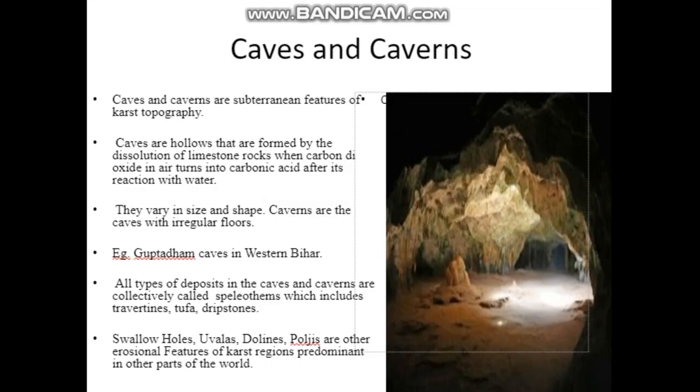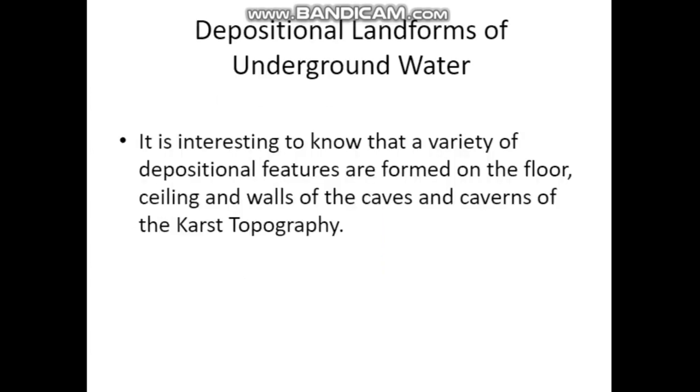Padivu. And there are also many other names: swallow holes, uvalas, dolines, poljes or other erosional features of karst region predominant in other parts of the world. Next one is the depositional landforms of underground water.